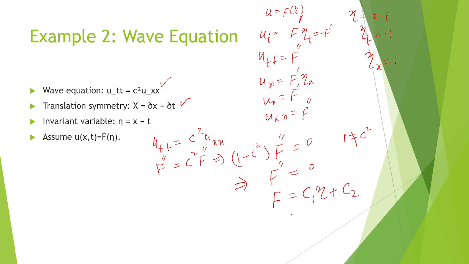where eta is x minus t. This is in fact u, so this is the solution corresponding to this generator, and it satisfies the given PDE. Okay, so the PDE goes into this ODE.